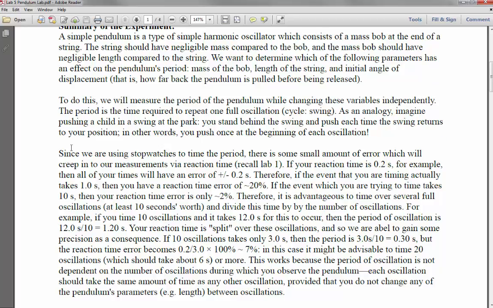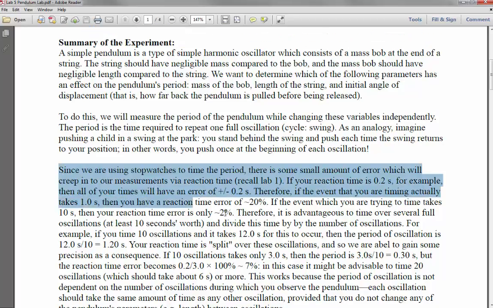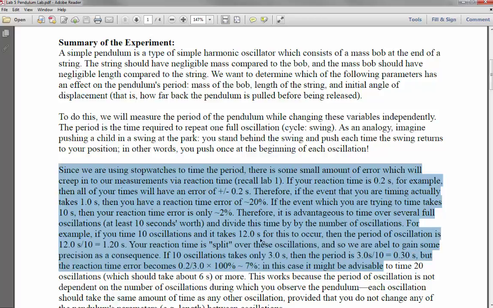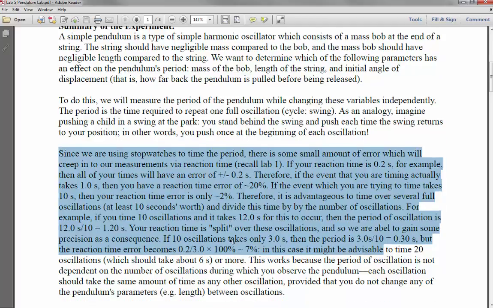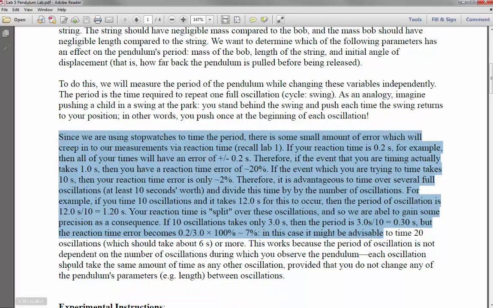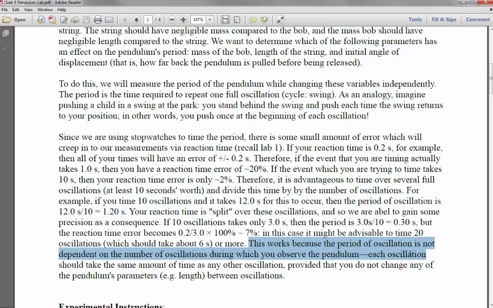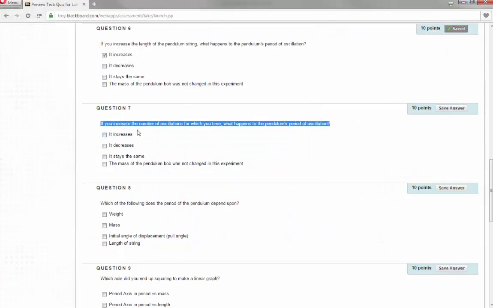That is what this entire summary about timing over many oscillations to reduce the impact of your reaction time is. In fact, if you read on in this paragraph, it states rather explicitly that this works because the period of oscillation is not dependent on the number of oscillations during which you observe the pendulum. So the answer, in other words, is that if you increase the number of oscillations, the period should stay the same.